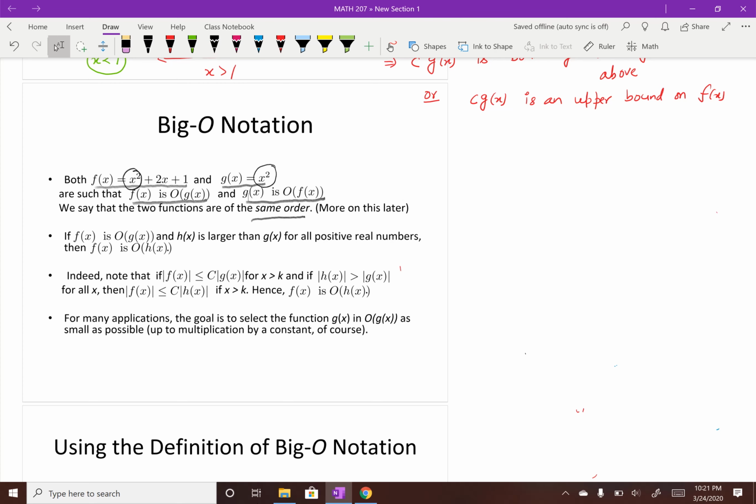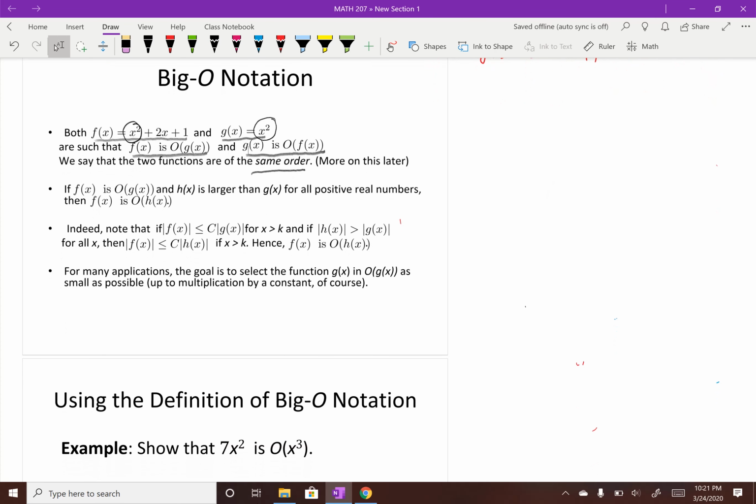The second important fact about the big O notation is if f of x is big O of g of x, and if you have another function h of x which is larger than your g of x for all positive real numbers, then you can conclude that f of x is big O of this larger function, which is h of x.